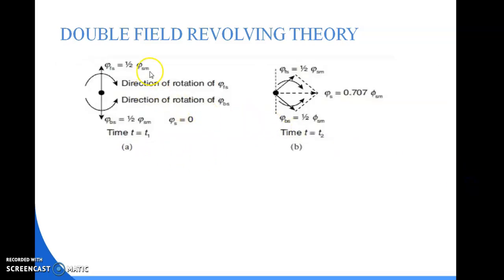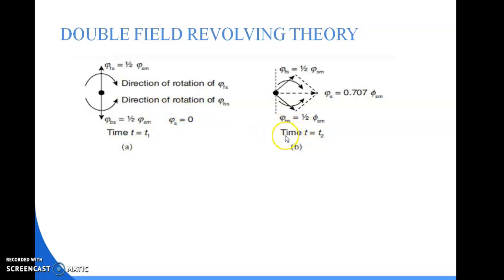Here we can see these are two different magnetic fluxes having half of its magnitude, direction of rotation of phi Ts, and this is phi Bs, and their magnitude is half of the phi Sm, here also half of the phi Sm, and for this the time t equals t1 and phi s is 0 here.